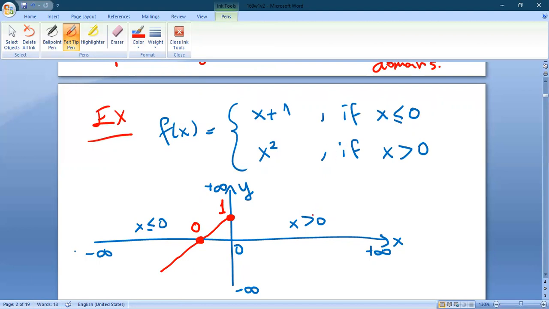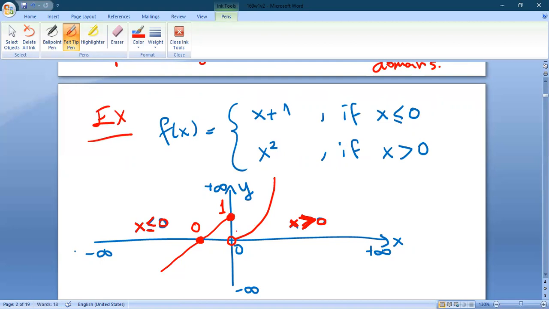But if x is bigger than 0, then it's going to be mapped to 0, but I keep an open circle there. And then it's going to go like half of the parabola we have seen before. So it's a line for x less than or equal to 0, and it's a part of the parabola for x only bigger than 0.